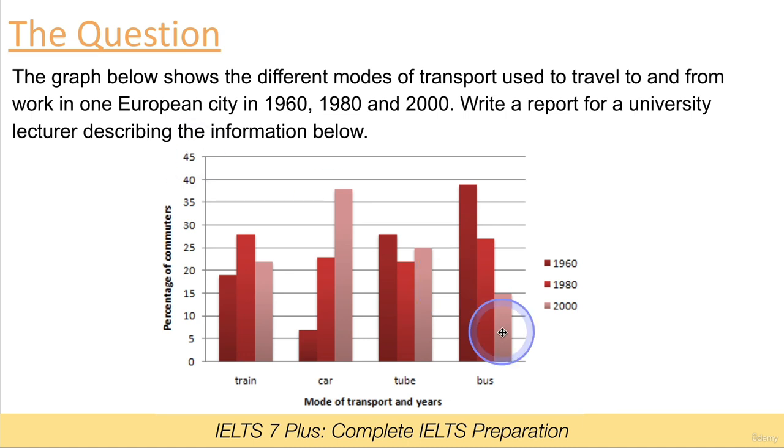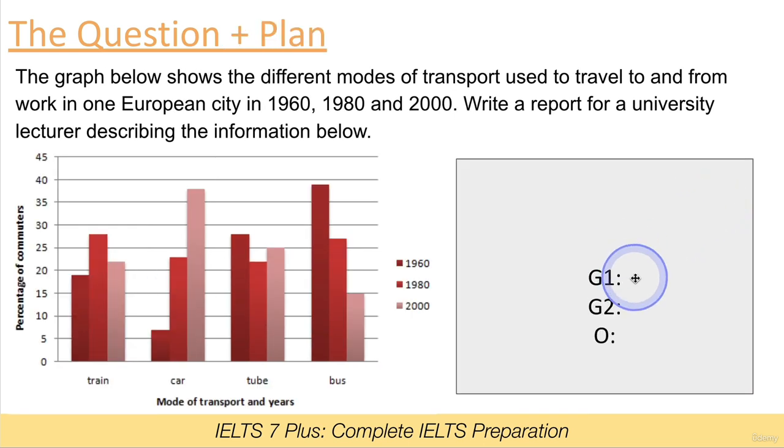Okay, so initial thoughts. Oh, wow, bus really declines in percent. Car really increases over time. Train fluctuates and tube fluctuates. So let's put our thoughts into our groups now. Okay, so let's have a think.